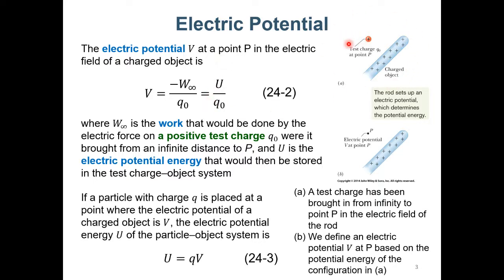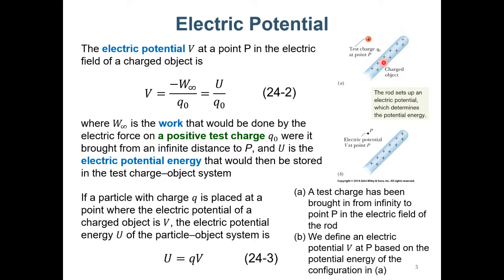this. Suppose you have a rod with positive charge, and you place a test charge Q0 near this rod. From chapter 21, you know that there is some repelling force between them.